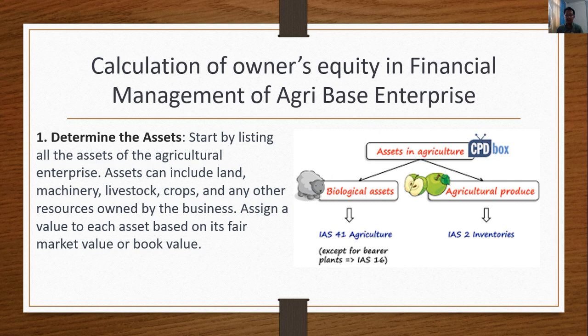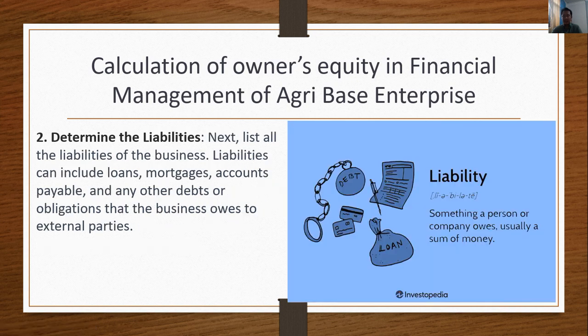Assign a value to each asset based on its fair market value or its book value. Okay, so in agriculture we do have what we call biological assets and also agricultural produce. These are some examples of the assets in our agri-based enterprise.